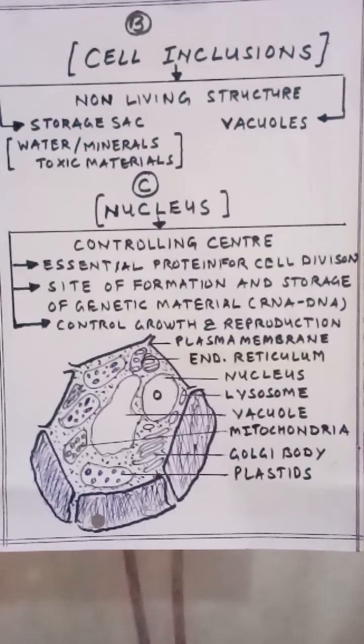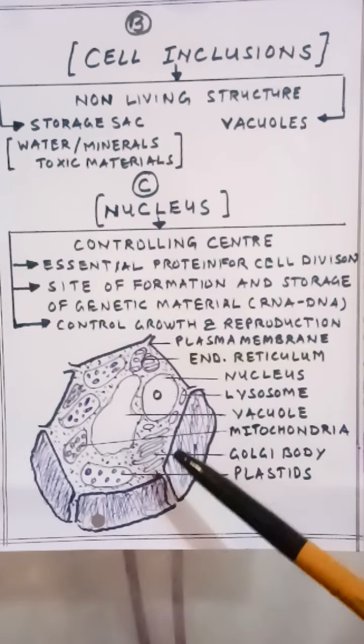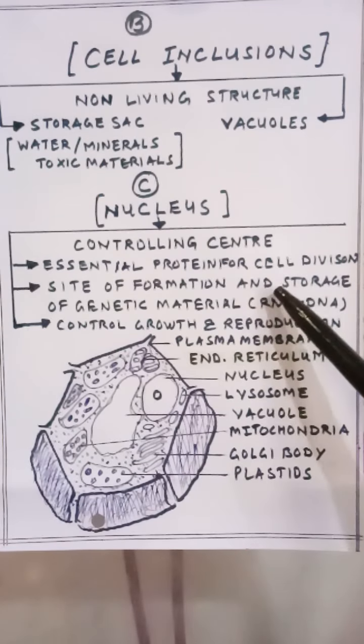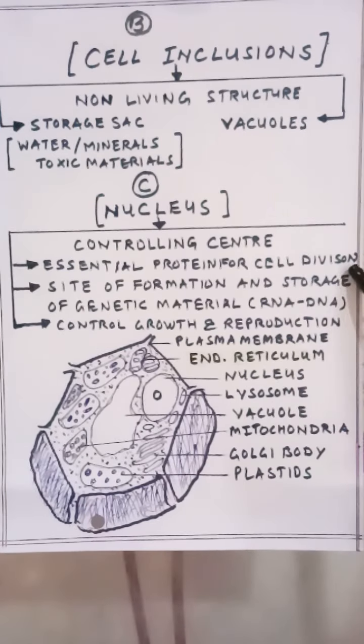In the multicellular organism, every cell has its own nucleus, and each nucleus controls its own cell. In this way, the whole system is controlled. The nucleus, the controlling center, is essential, synthesizing the essential protein for the process of cell division.